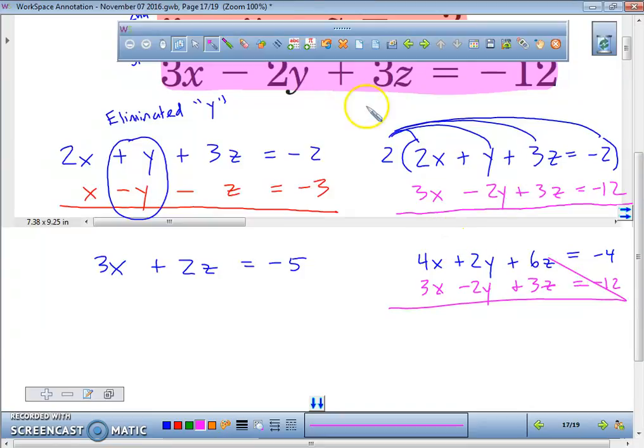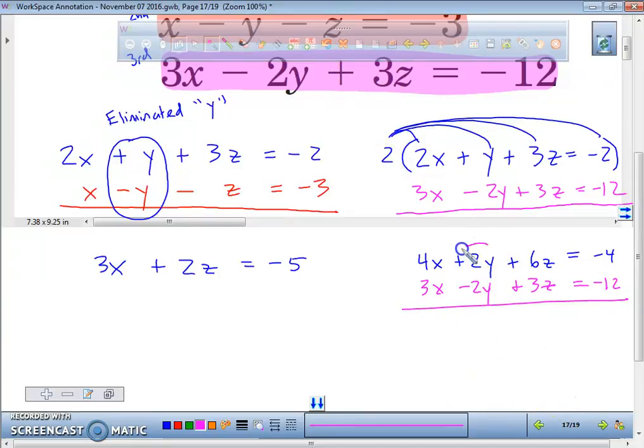So now, notice, what were we able to do by multiplying the top equation by 2? Take out the y's. Take them out and put them in the trash. 7x plus 9z equals negative 16.